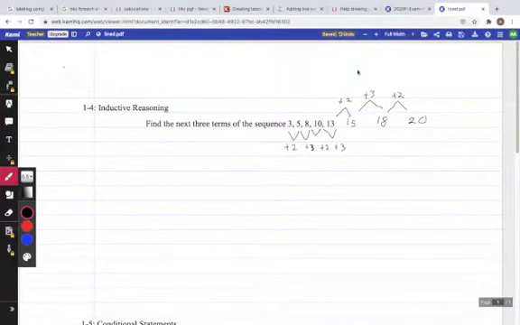Other than this, the other big topic that was mentioned and first discussed here are counterexamples.